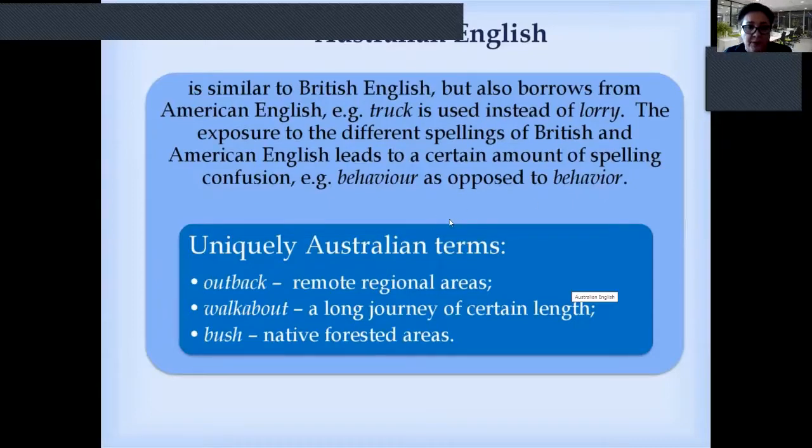The uniquely used Australian terms: outback means remote regional areas. Walkabout means a long journey of certain length. Bush means native forested areas.